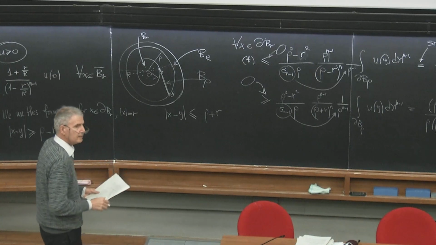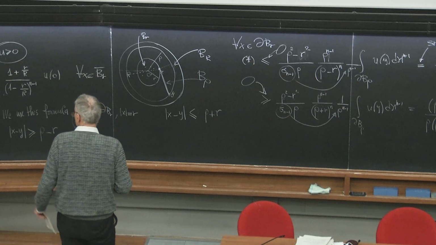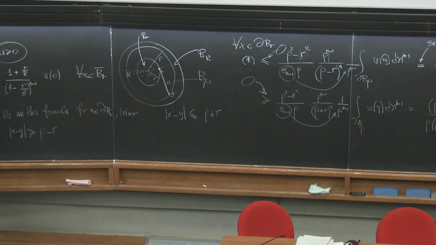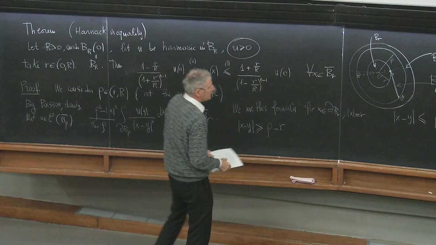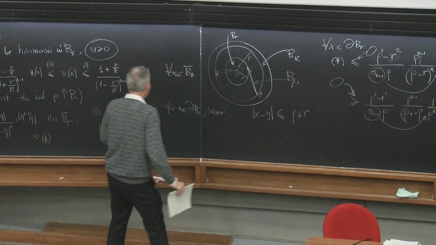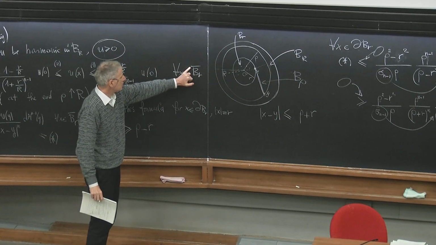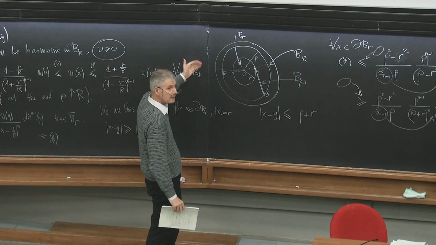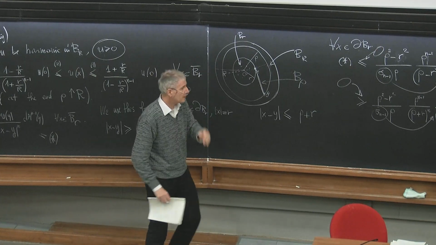So if this is clear, maybe one remark. So this happens to be inside the ball, but what I did is just the inequality on the boundary of the small ball. By the maximum and minimum principle, the inequality remains true also inside the small ball.